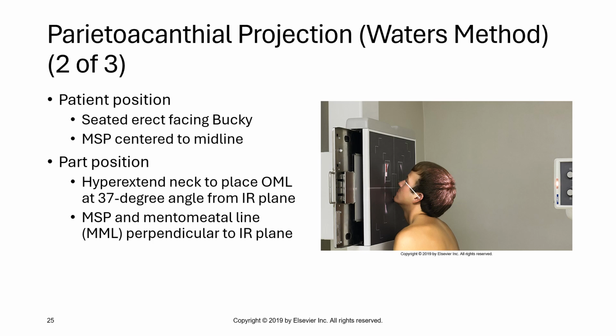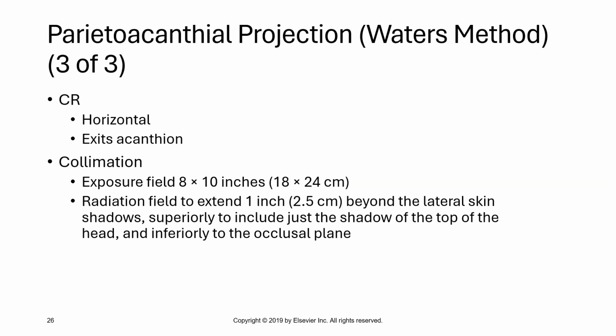So you're radically tipping the patient's head backwards, raising that chin up. But you don't center at the mental meatal line. You center exiting the acanthion, which is right at the base of the nose, where the nasal septum meets the upper lip. That's where the acanthion is.